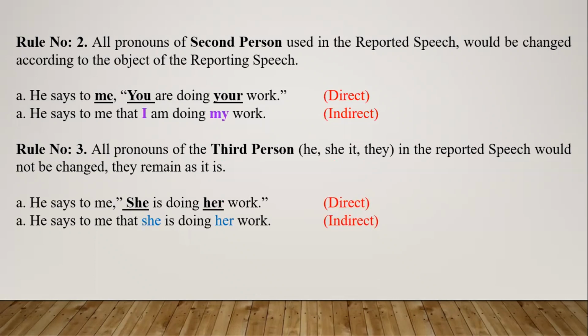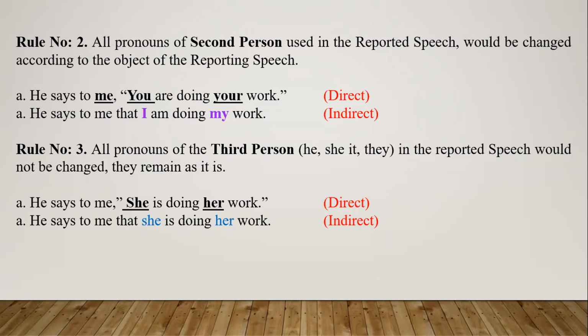So we need to find out the subject of me, that is I. So we have to replace it with I, and we have to change the helping verb also, I am doing. Now your is a possessive pronoun, and obviously the second person possessive pronoun will be changed according to the object. The object is me. We have to find out the possessive pronoun of first person, that would be my. So the sentence would be like that. He says to me that I am doing my work.